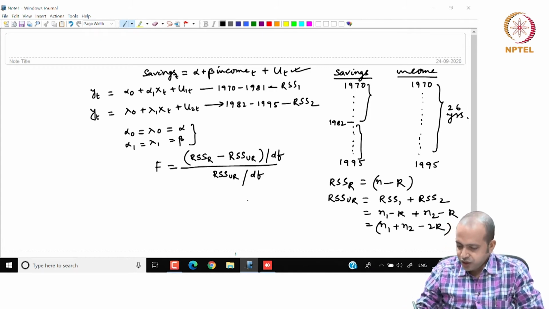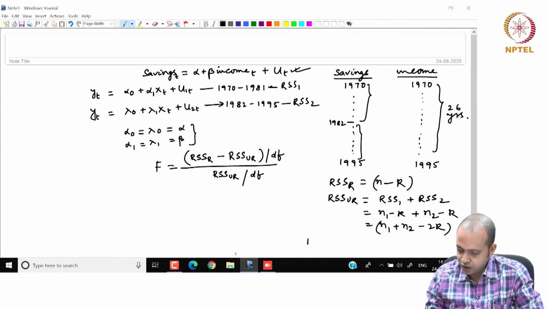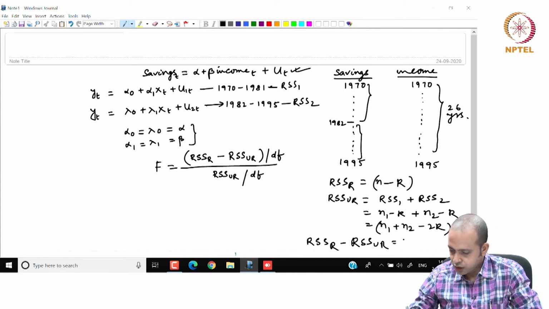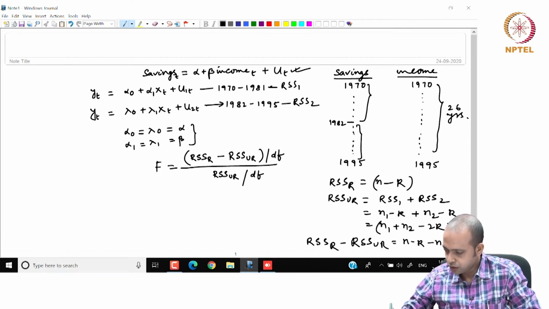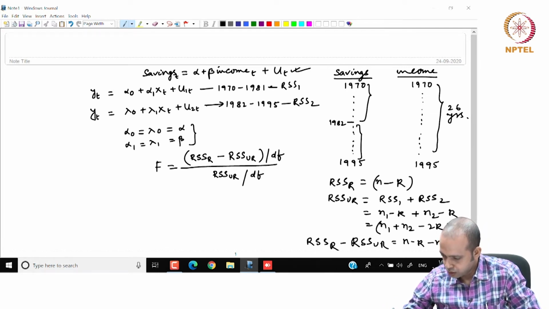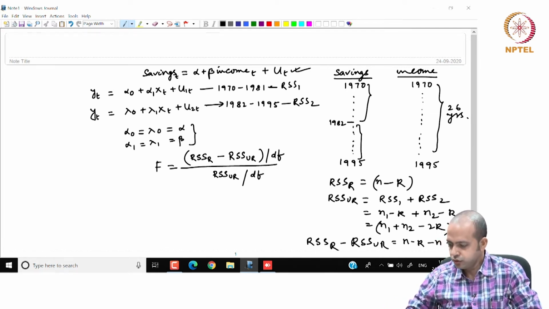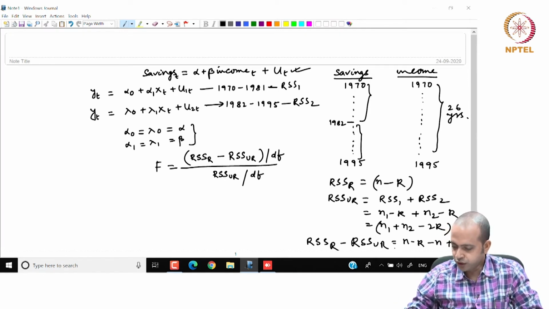Now, if you calculate RSS R minus RSS UR, the degrees of freedom would become n minus k minus n plus 2k, so it will become k.